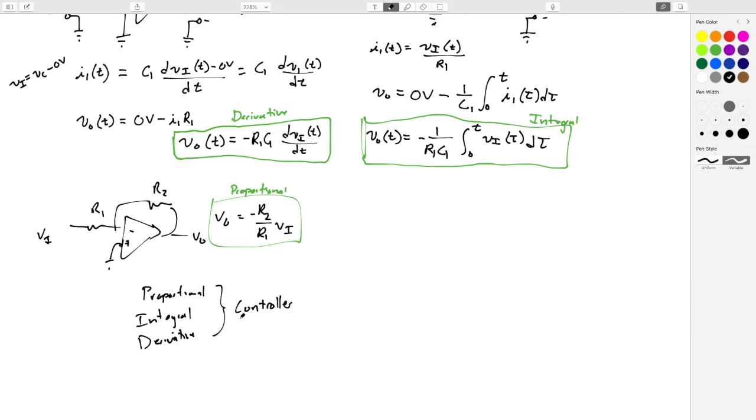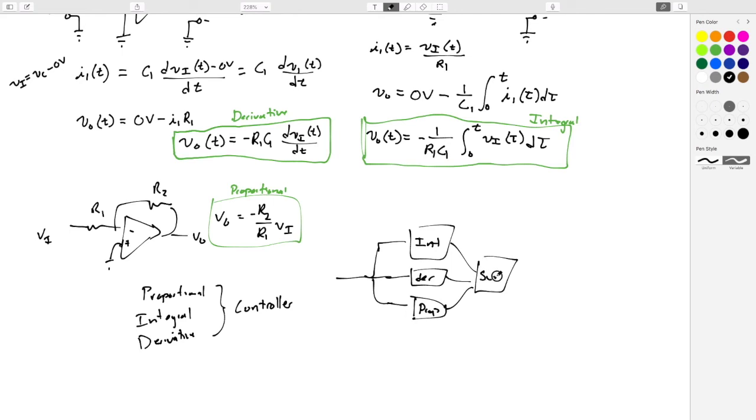And all it works about is, you have some signal that comes in, you split that signal three ways, one into your integrating amplifier, one into your derivative amplifier, and one into your proportional, and then add them back together, maybe with a summing amplifier, and then use that for your control.